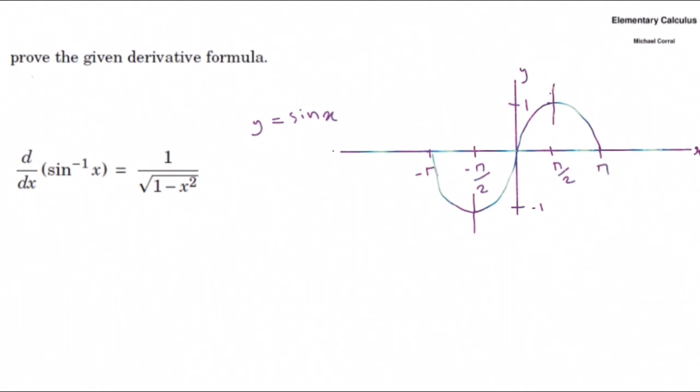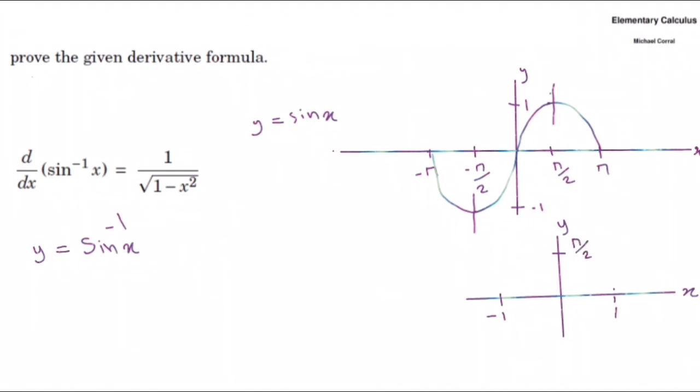So the inverse function y equals the inverse function of sine x has a graph like this: pi over 2, negative pi over 2, and this is the graph for the inverse function of sine x.